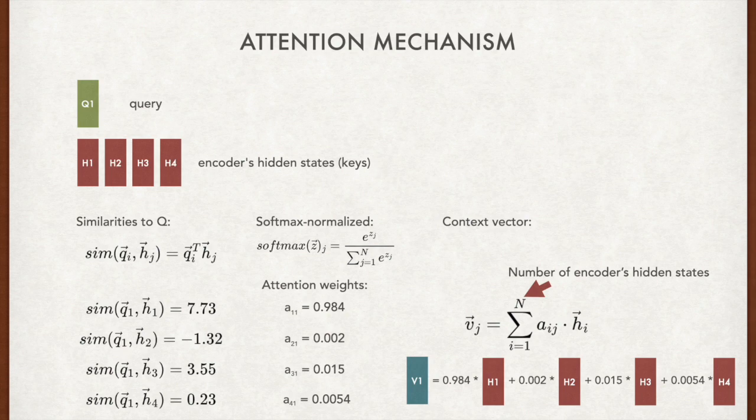It is always equal to the encoder hidden layer dimension because it's a weighted sum of hidden layer outputs at different time steps. Finally, we can concatenate the decoder's input representation, the static embedding Q1, with the calculated context vector V1, so that it can help produce the output.